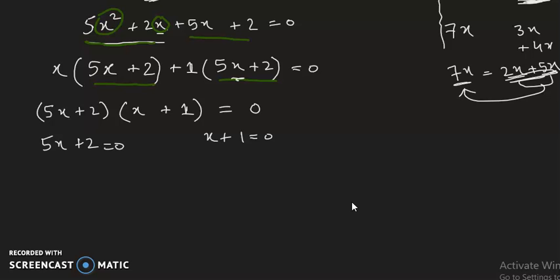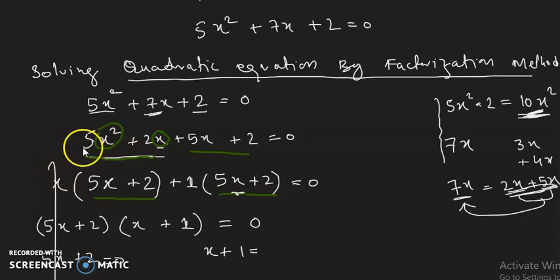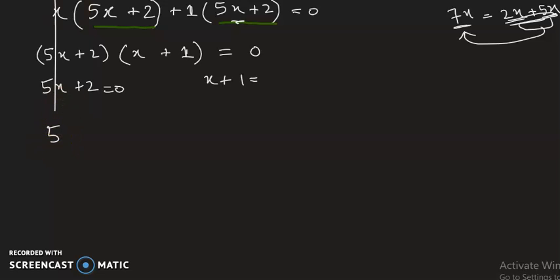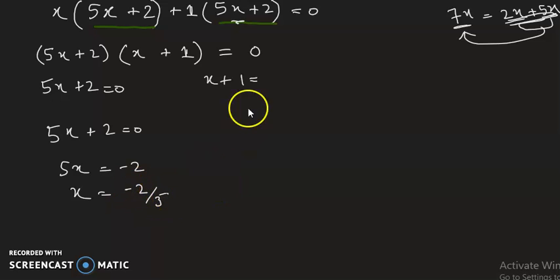Now if we see 5x plus 2 equals 0, we will take 2 to the right hand side. So 5x equals negative 2, x is equal to negative 2 over 5, and on this side x is equal to negative 1.